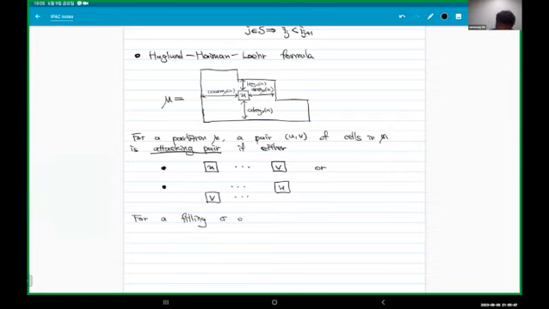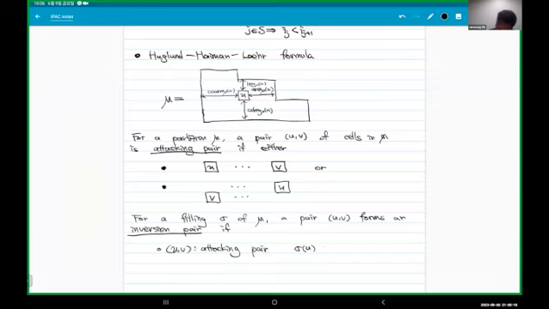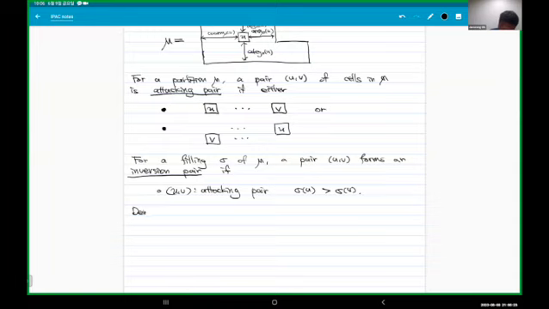And for a filling, so we fill numbers in the cells of a partition, a filling sigma of mu, for a pair U, V of cells we say it forms an inversion pair if U, V is an attacking pair and the filling of U is larger than the filling of V. And then we will denote the set of inversion pairs of sigma by Inv_mu of sigma.